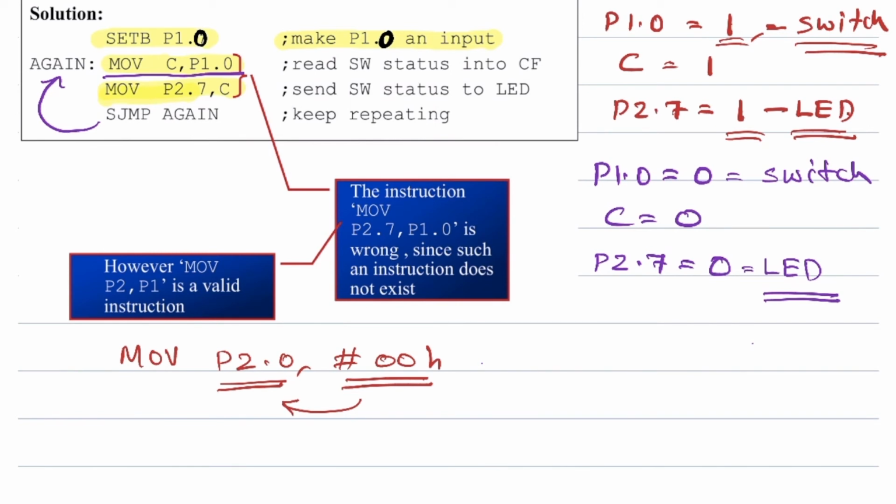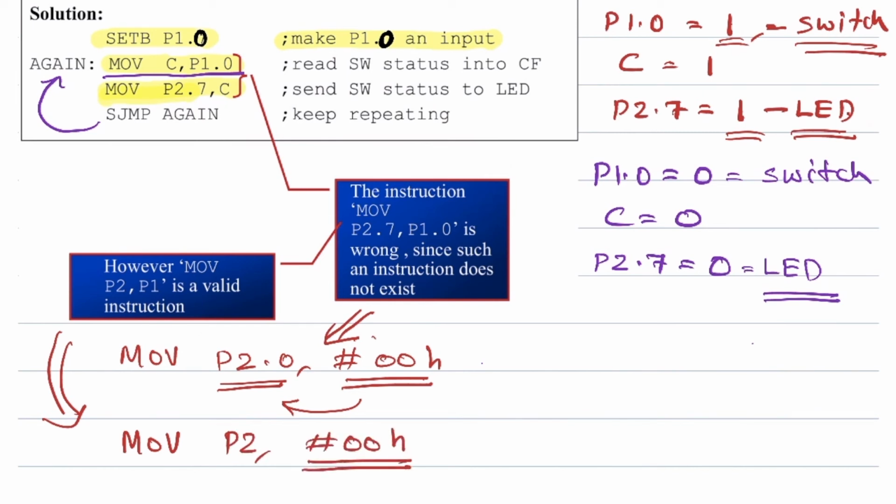Whereas what this line says is we can write MOV P2, #00H. Why? Because 00H is a byte, whereas P2 is also a byte. So byte to byte is possible, but byte to bit is not possible. So this is what these two blocks written inside say.